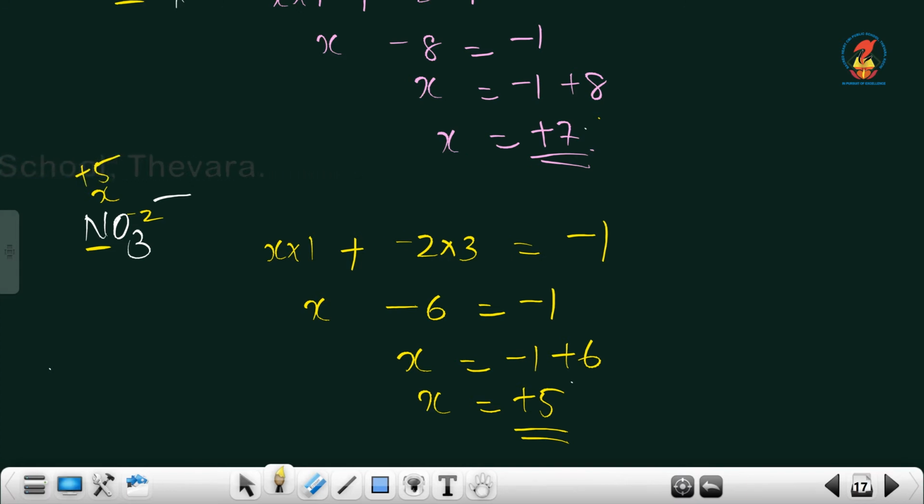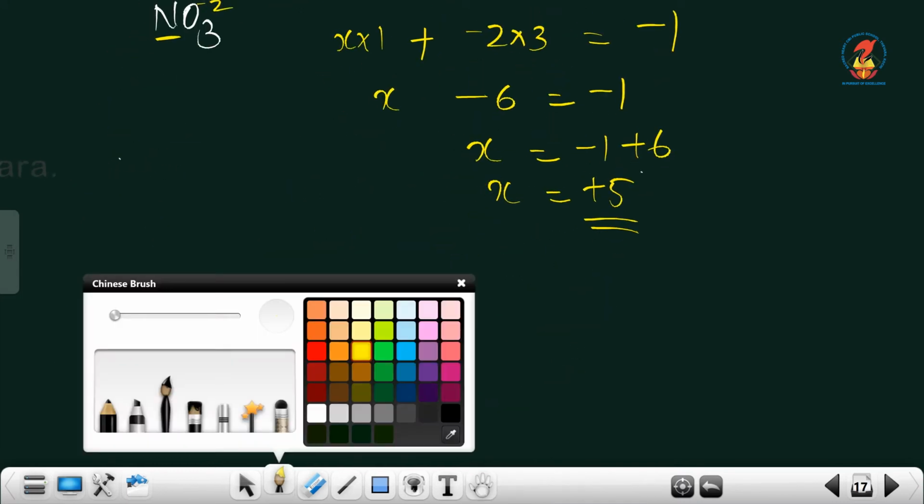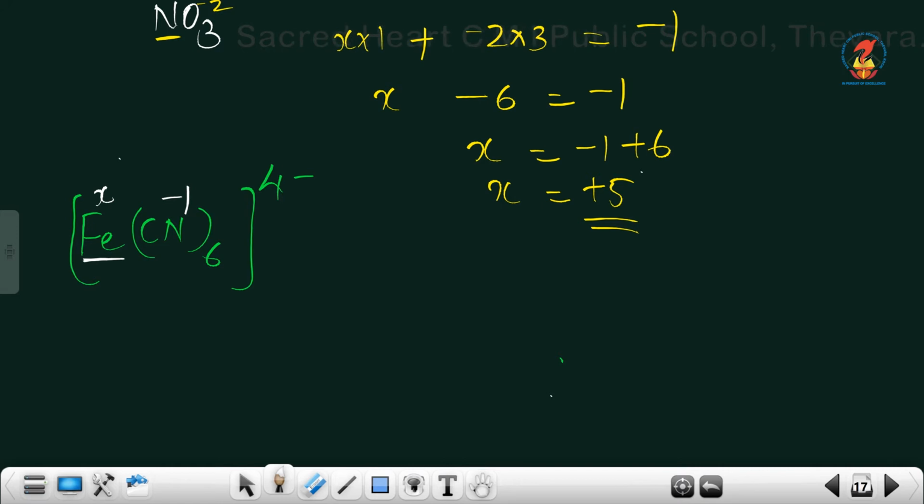So this is the way how we should find the oxidation number of each element present in the given compound. One more example, Fe(CN)6 4 minus. So here the underlined element is iron, let it be X. Cyanide ion we know it is minus 1, the sum should be equal to minus 4.